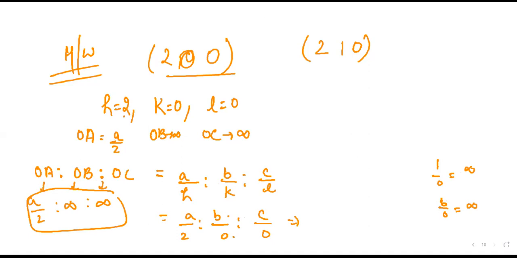So if I'm going to draw a sketch for this particular plane, this is my plane. Total value is A, so A by 2. A by 2 means we have to draw it from this plane. So A by 2 will be half of this. If I join these, I get this type of figure.